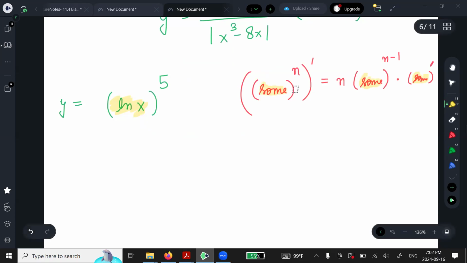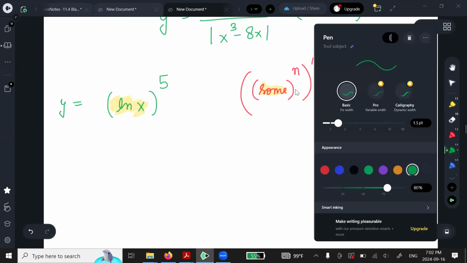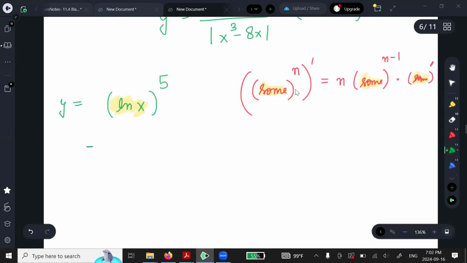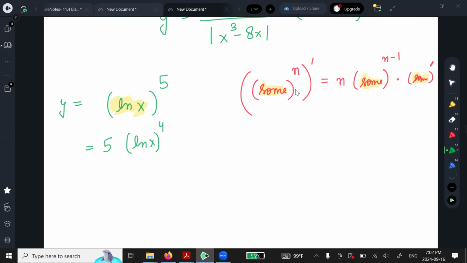This is a formula that you must remember. The something in this question is ln x. So I will take the power out, leave the ln x as it is, subtract 1, multiply by ln x's derivative, and leave it here. Good? Exactly, you could just say it like this: 5 over x times ln x to the power 4.